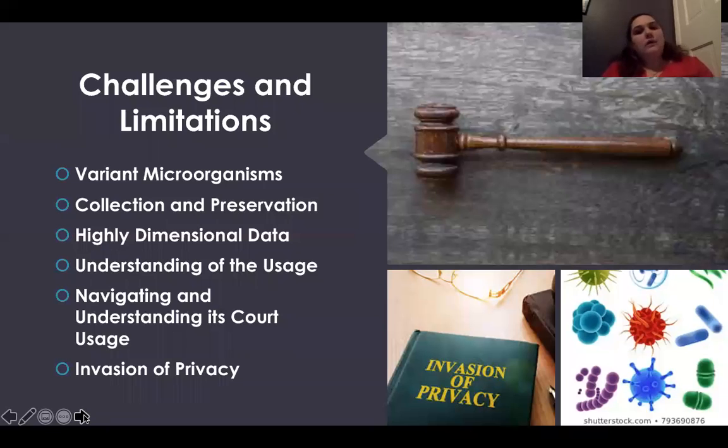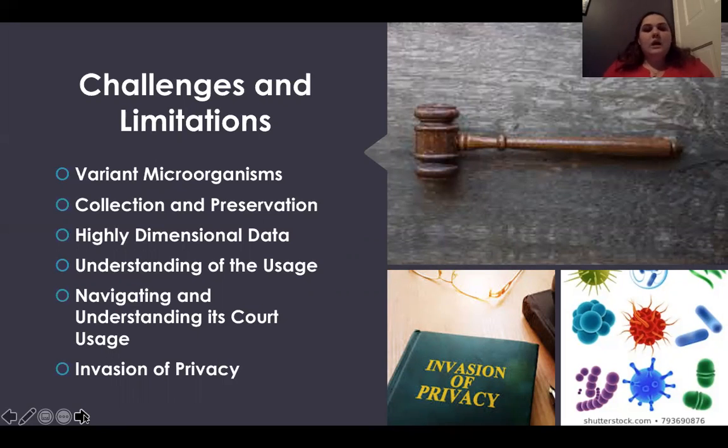As always, there are challenges and limitations to new things that we like to implement, such as the microbes. This is because there are variant microorganisms, meaning there are many different kinds, but some have not been taxonomically identified, which can pose a problem because we can't identify them, so they aren't useful to us in that sense. Collection and preservation is very general, so that's a limitation because we want to ensure that our samples are collected and preserved in the best way they can be.